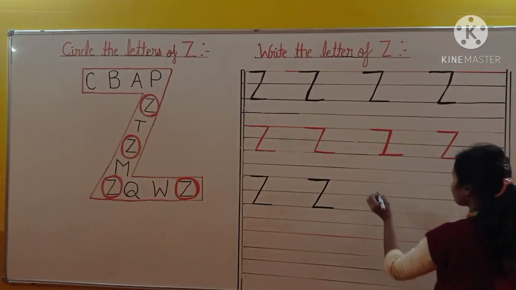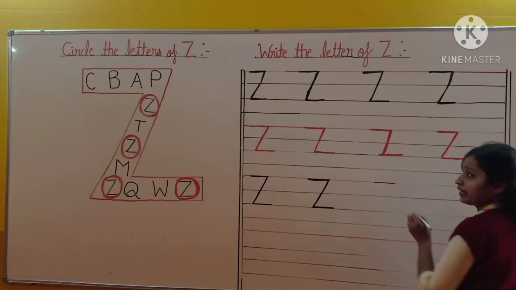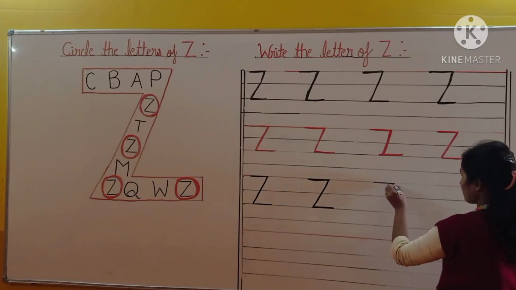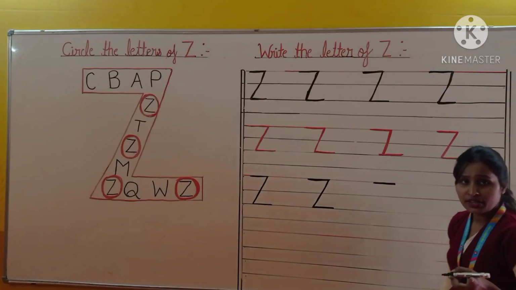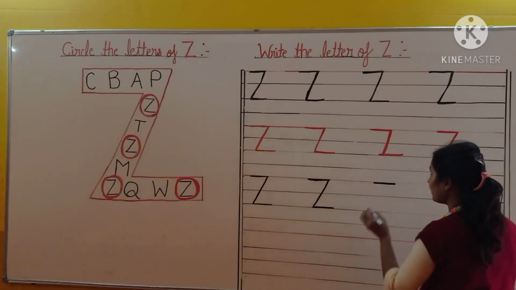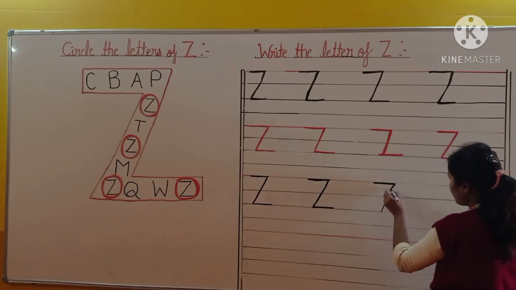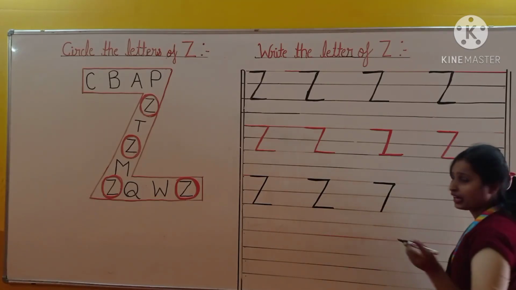Okay. Repeat again. Start from the dot, draw a sleeping line. Then start from the dot, draw a slanting line down.